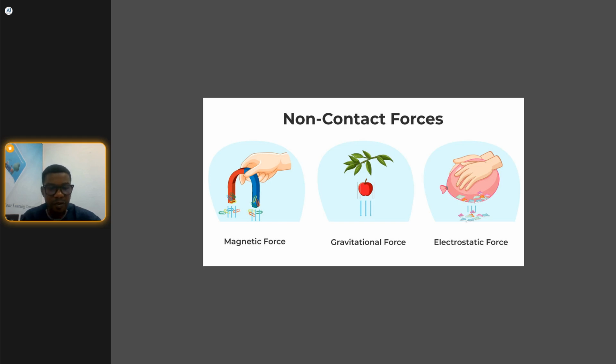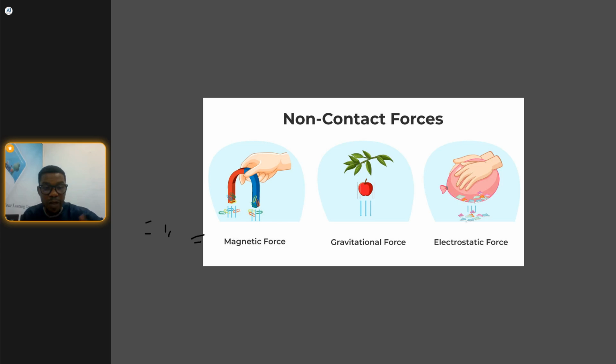Okay, now let's look at this. We have magnetic force under non-contact force. What you observe here is that all these that you see are pins, and they are metals, of course. So what you can see is that the magnet is attracting those pins to itself.